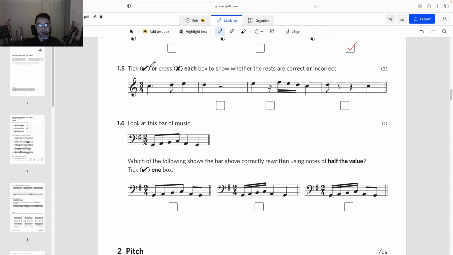Tick or cross each box to show whether the rests are correct or incorrect. All right, so no rests in this bar. What about this bar? Yeah, that's fine. We got a crotchet on beat 1, and then this 2 and 3 beat rest here. So that's fine.